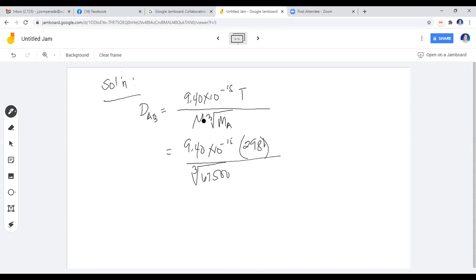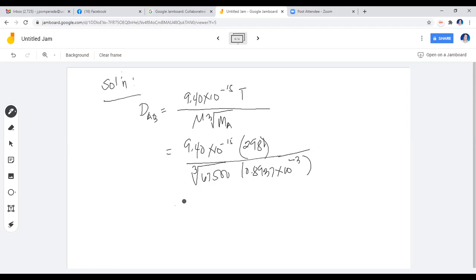The viscosity that you're going to substitute here is, of course, the viscosity of the solvent. We don't have the viscosity of the solute. We're using the viscosity of the solvent at the indicated temperature. Again, if the problem does not give you the viscosity, you know where to find the viscosity of water. So your mu for water at 25 degrees Celsius is 0.8937 times 10 raised to negative 3.